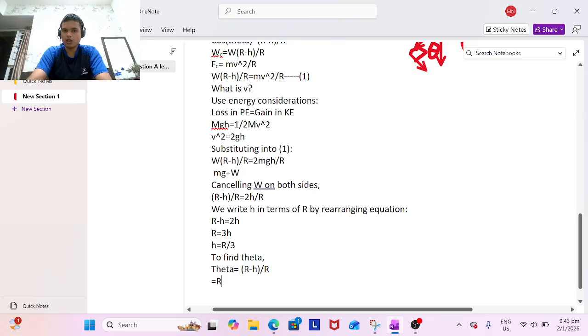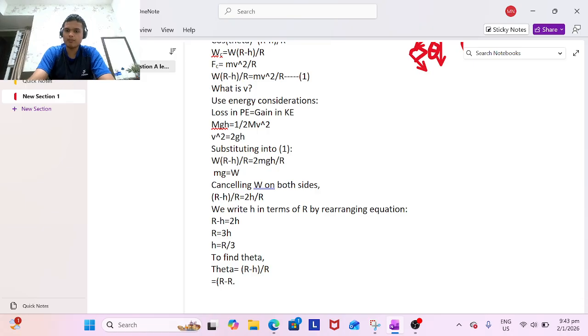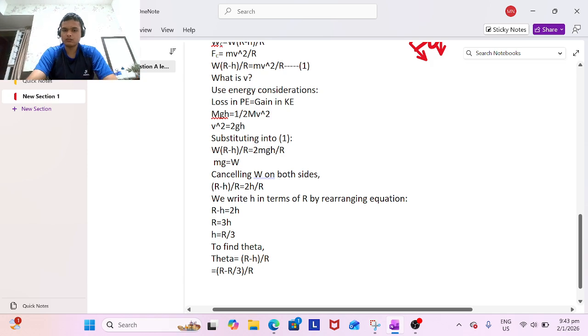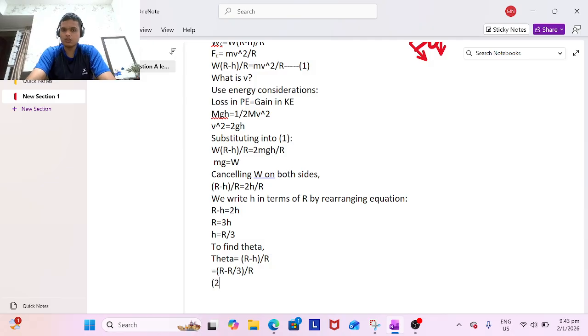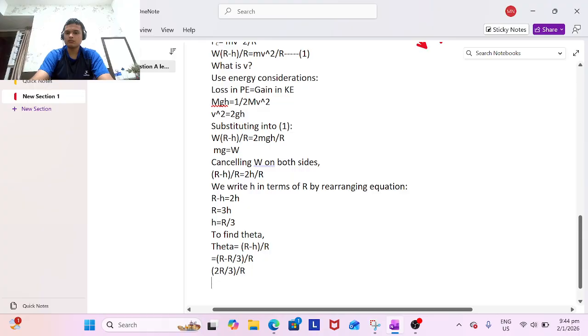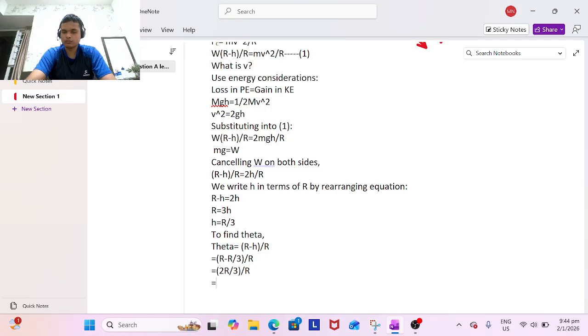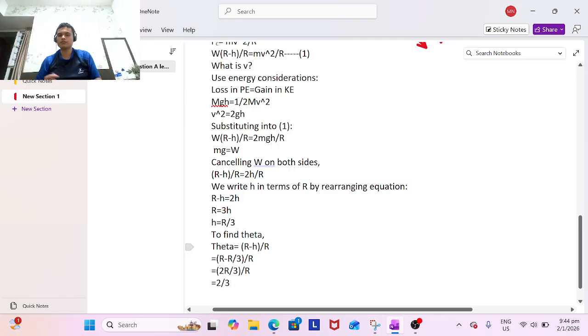So it equals (R minus R by 3) divided by R, which is 2R by 3 by R, which is basically equal to 2/3. So this is the answer.